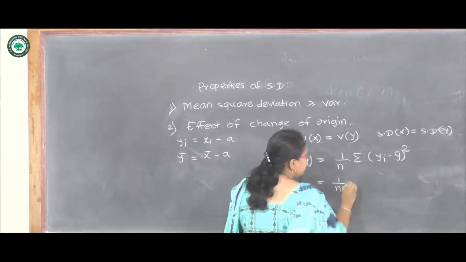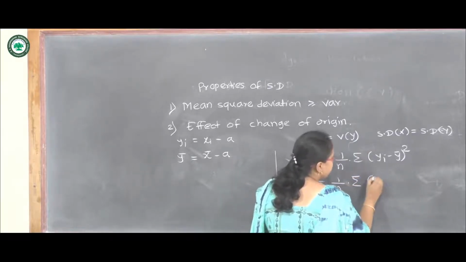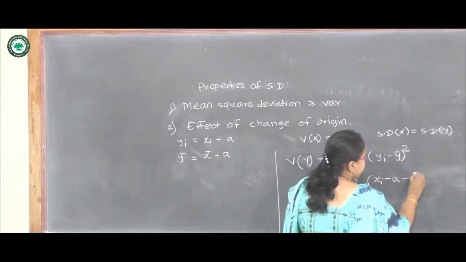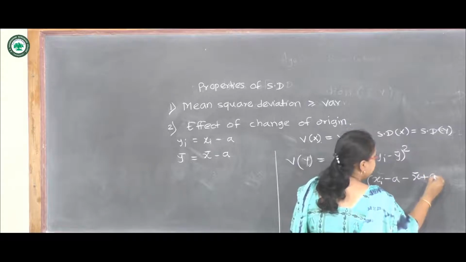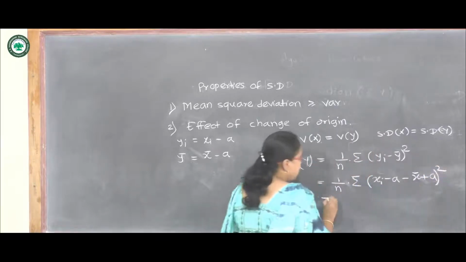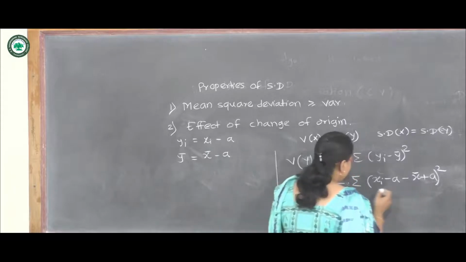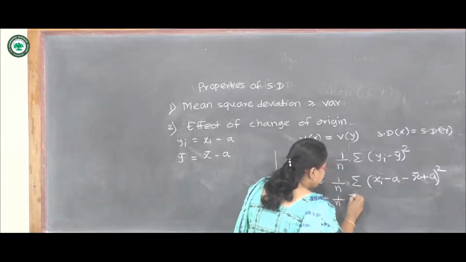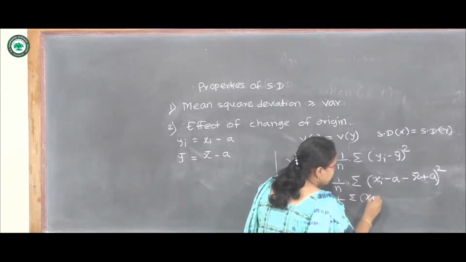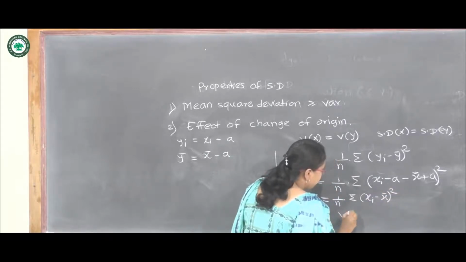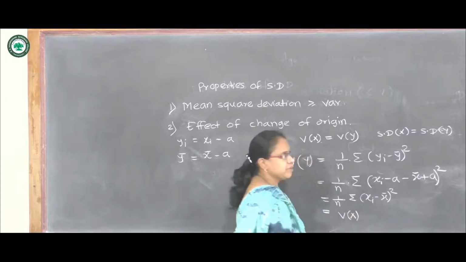So 1 upon n into summation of xi minus a minus x bar plus a, whole square. Here we can see that the constant term gets cancelled, and we have 1 upon n summation of (xi minus x bar) whole square, which is equal to variance of x.